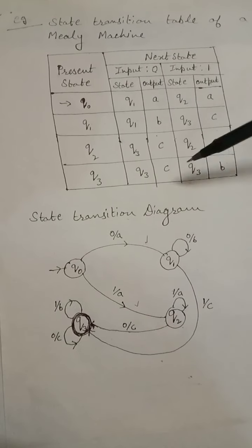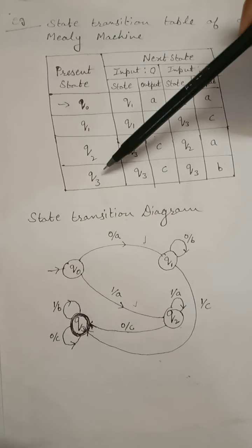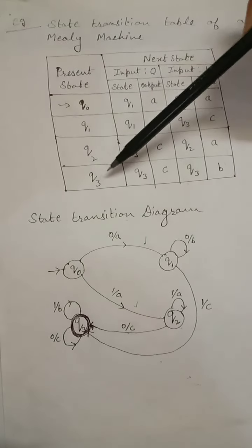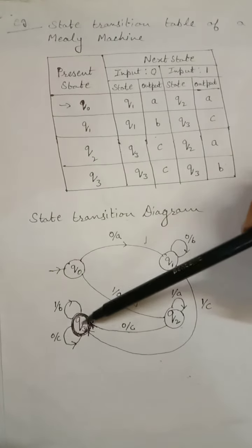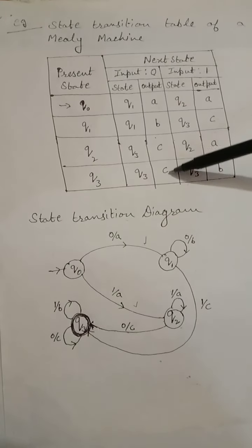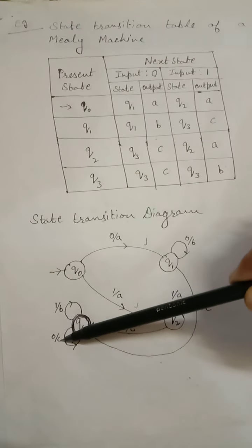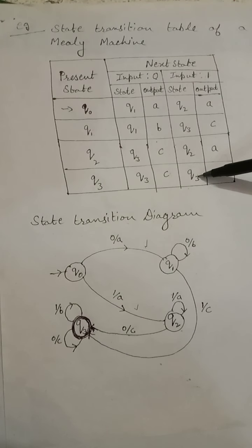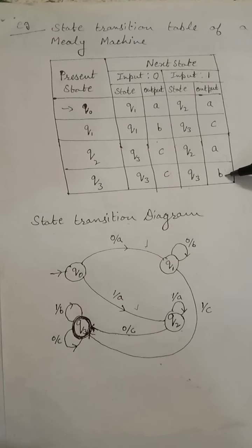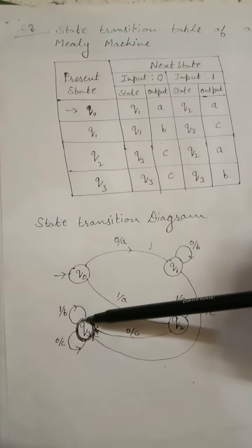And finally, let's see the last one. With 0 input, Q3 to Q3 producing C as output. With 1 input, again Q3 to Q3 producing B as output.